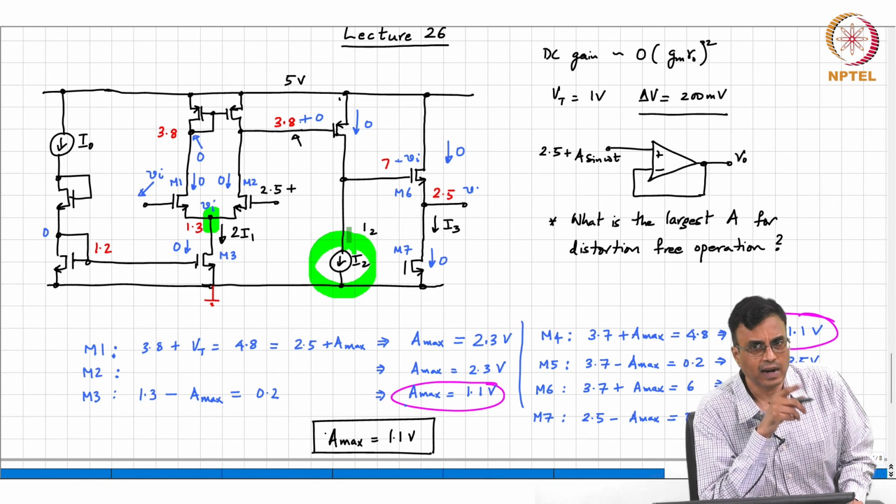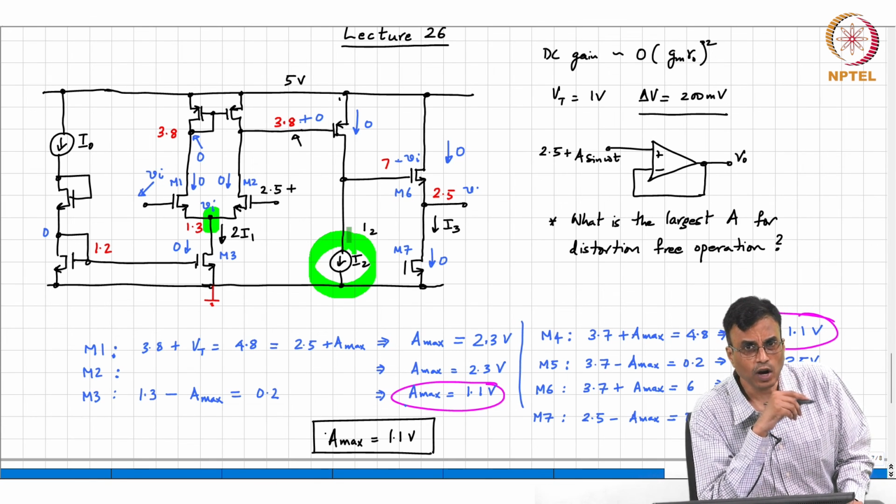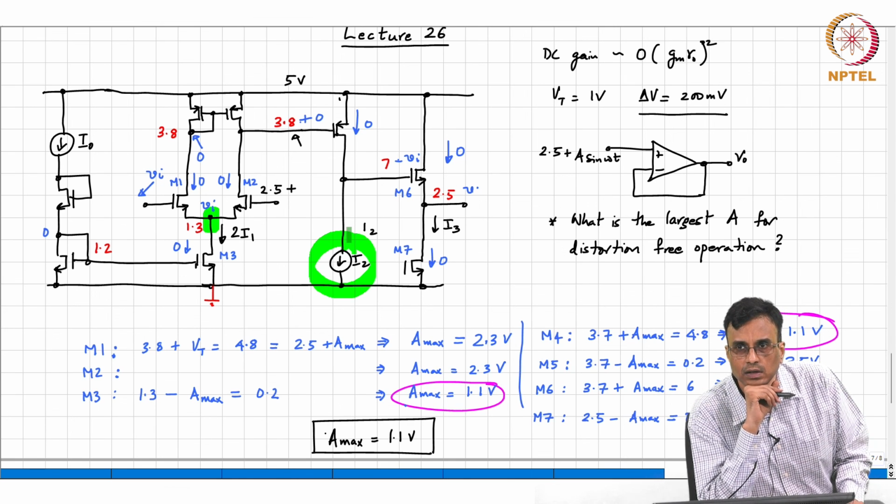But we also had this discussion where we said that you cannot force current into the drain of a transistor and expect the gate-source voltage to develop. But that's exactly what we are doing.